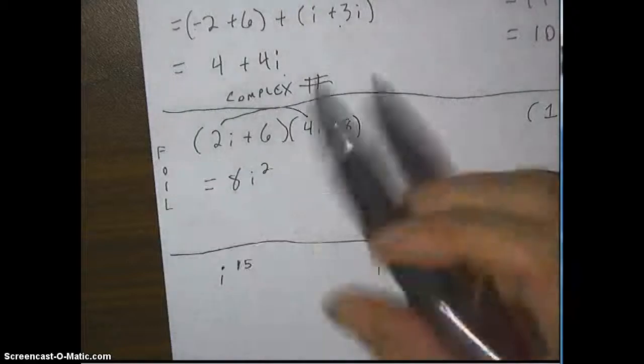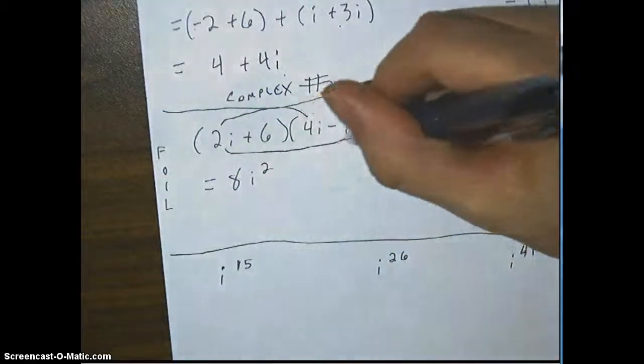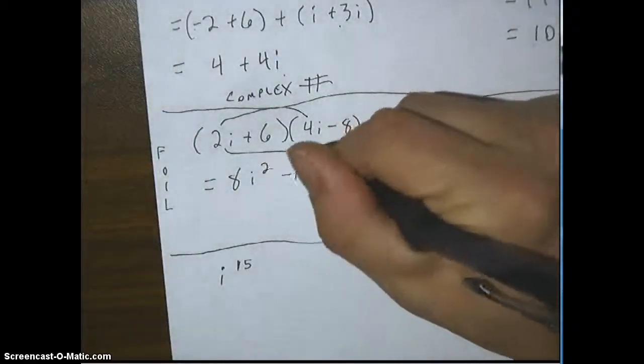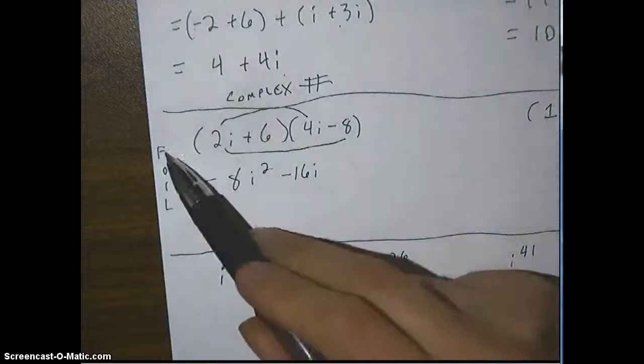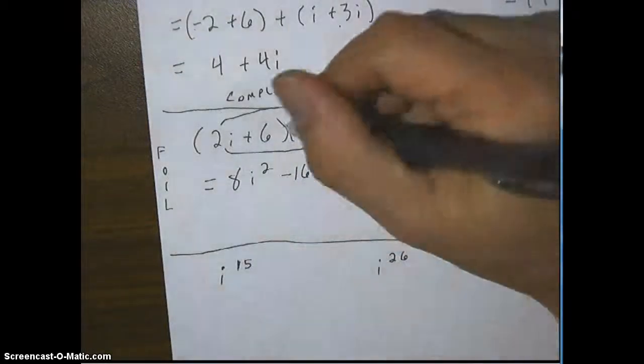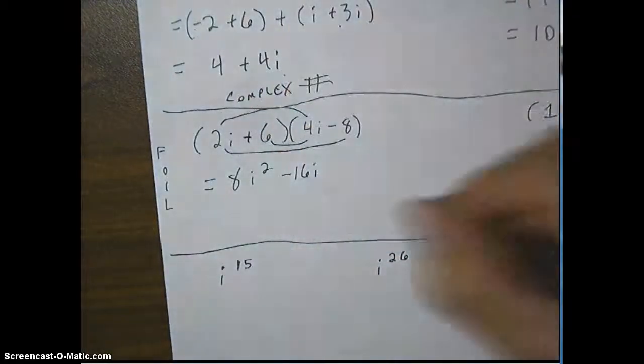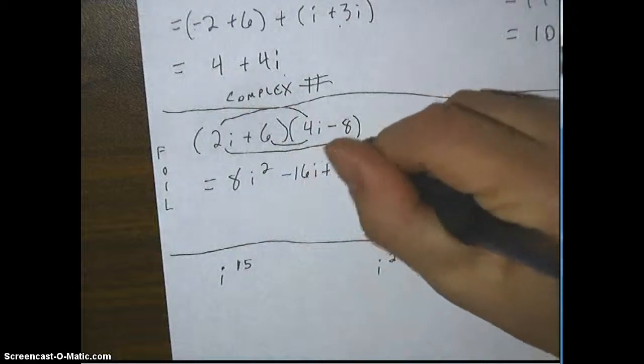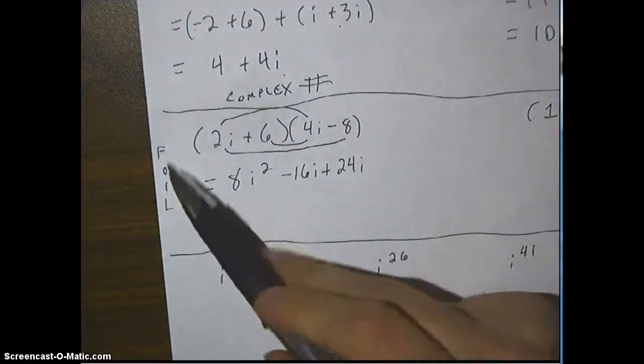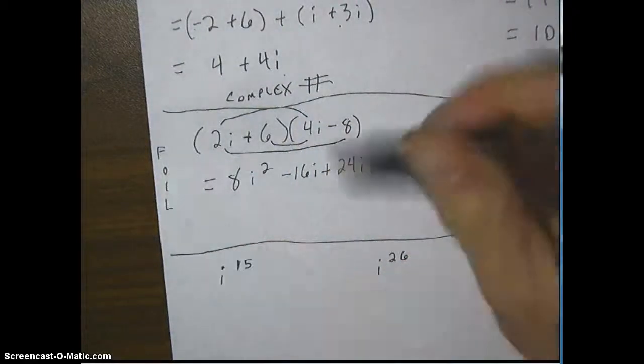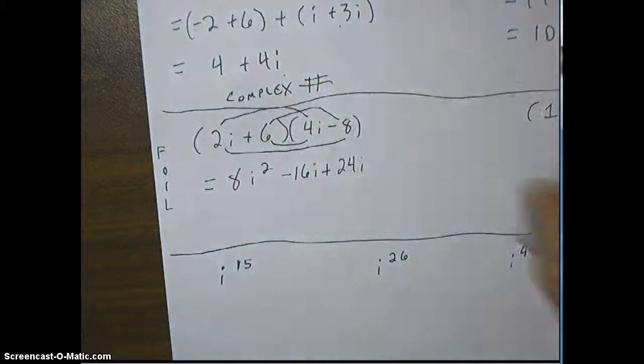Outers is 2i times negative 8, so that's negative 16i. Inners is 6 times 4i, which is positive 24i. Lasts: 6 times negative 8 is negative 48.